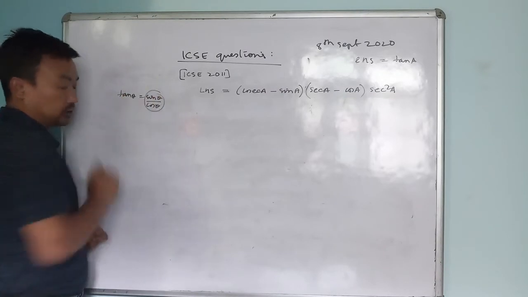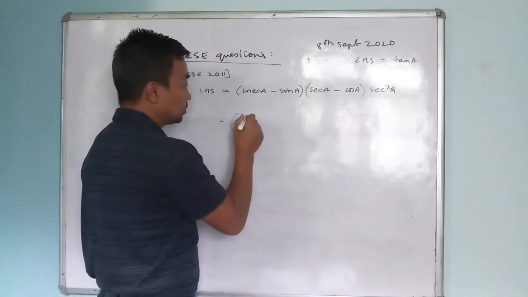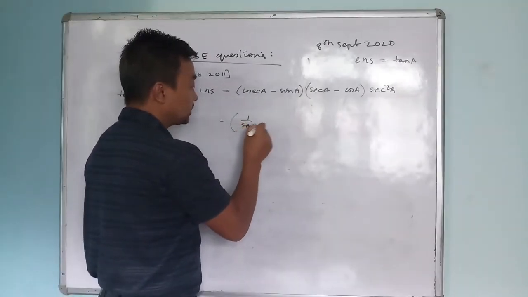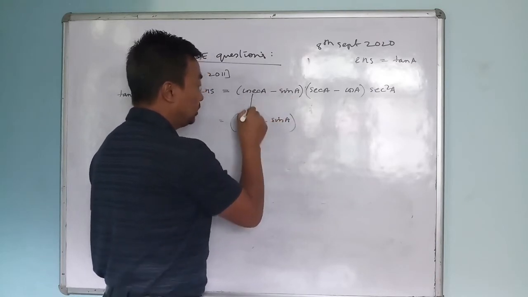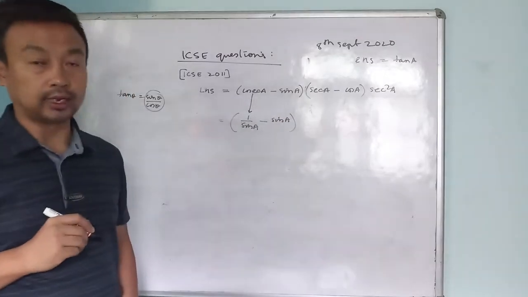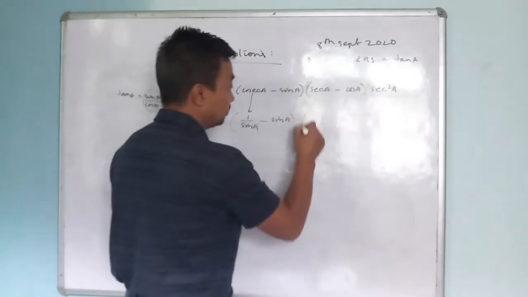So if you can get this, then you will get the answer. So here we will replace cosec as 1 by sine A. Sine A we will not change. See, only we have applied the formula and replaced the cosec by 1 upon sine.